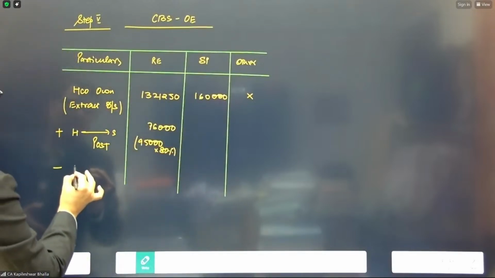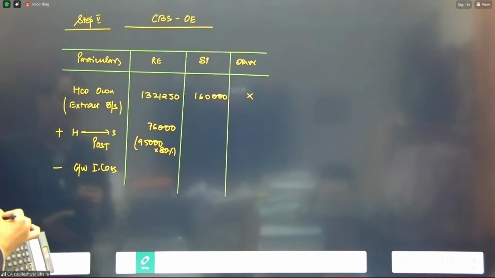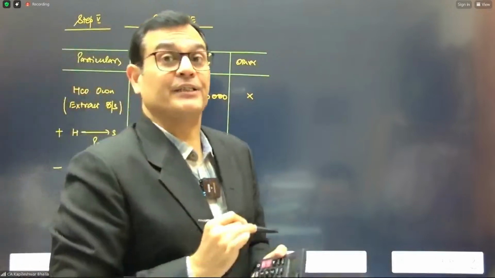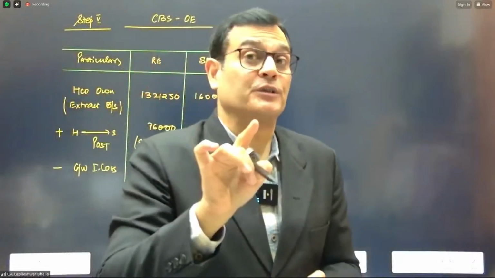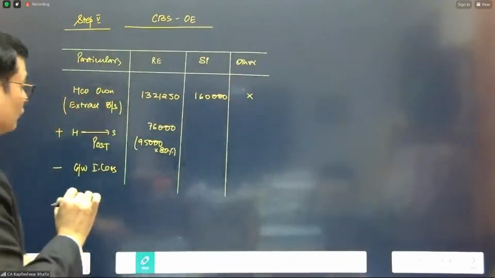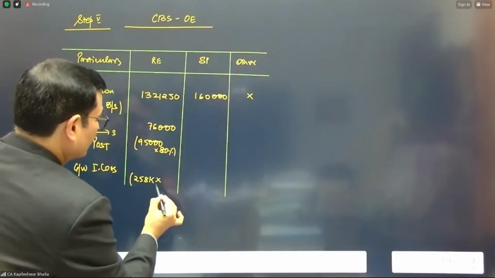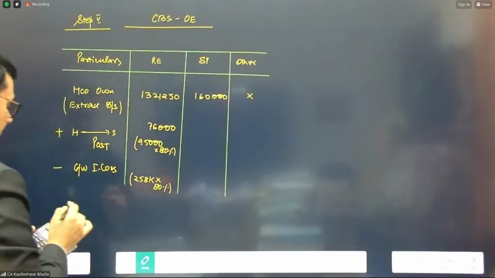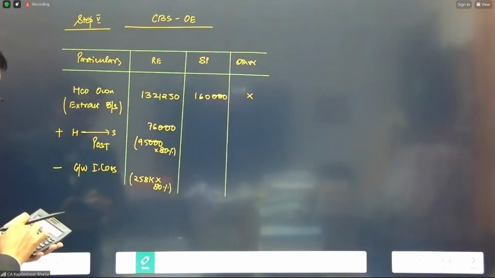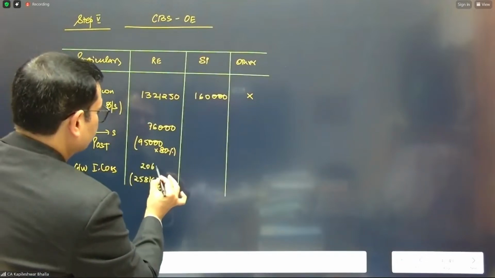The focus point number 2 is goodwill impairment loss. Since the NCI is at a fair value, you need to consider the goodwill impairment of the parent company only. So 258 is the goodwill impairment, and out of this 80% belongs to the parent company. So 258 into 80% would be 206,400.